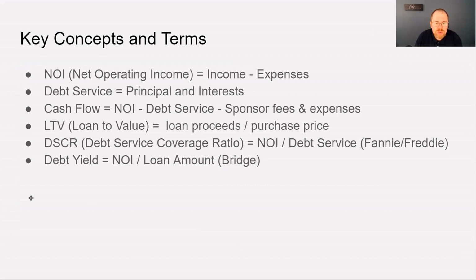The definition is the NOI, net operating income, divided by the debt service. Like I wrote, it's for Fannie and Freddie. And the last concept is the debt yield, which is the NOI divided by the loan amount. That's applicable for bridge debt.